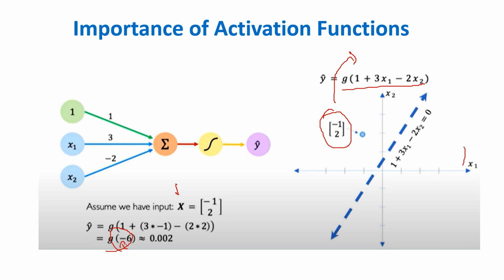That minus 6 is passed into the activation function. This is the sigmoid activation function, which gives the value 0.002. So it is squeezing the values between 0 and 1. That's what an activation function does. This introduces some nonlinearity, which will help us do our classification or prediction task better.